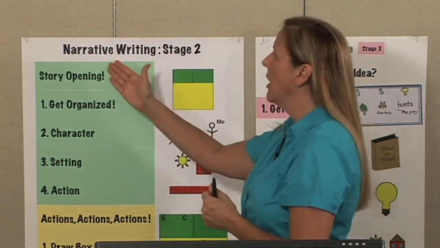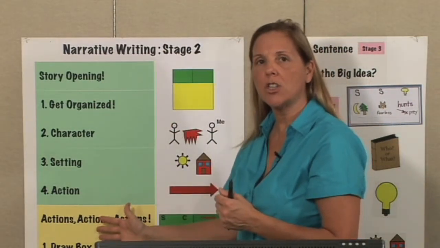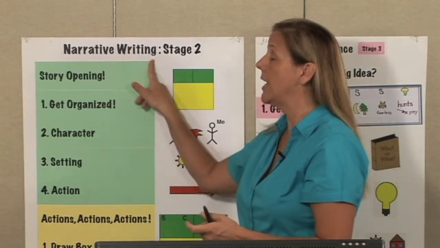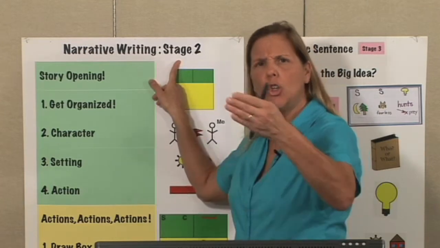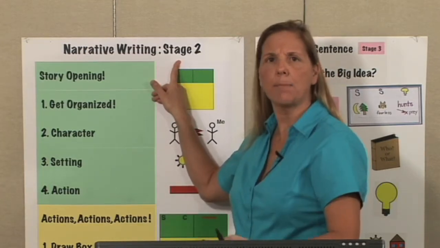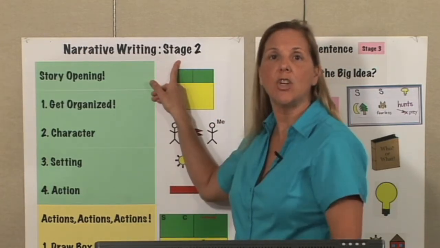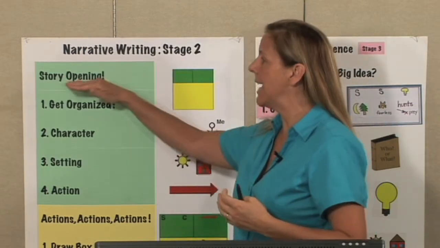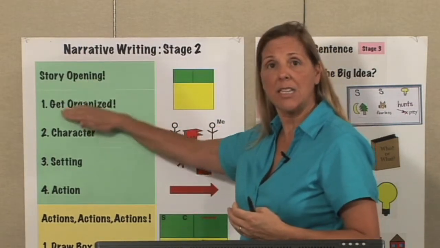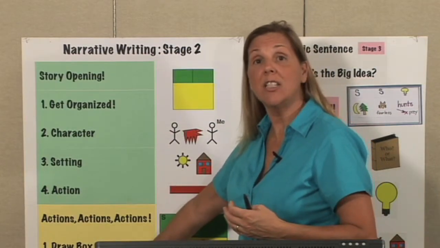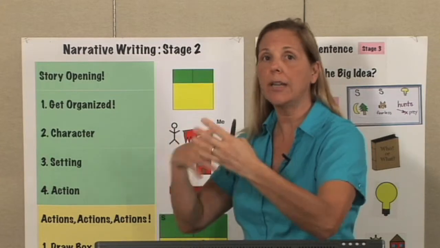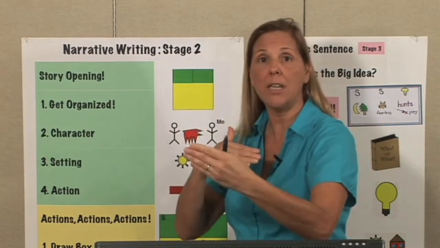Right behind me are explicit, direct instruction steps that I have posted when I'm teaching narrative writing at stage 2. You'll learn more about these steps and these stages as you go through the manual. Just understand that I have identified in these steps what the child needs to do metacognitively in their brain in order to plan a story, information, or opinions.